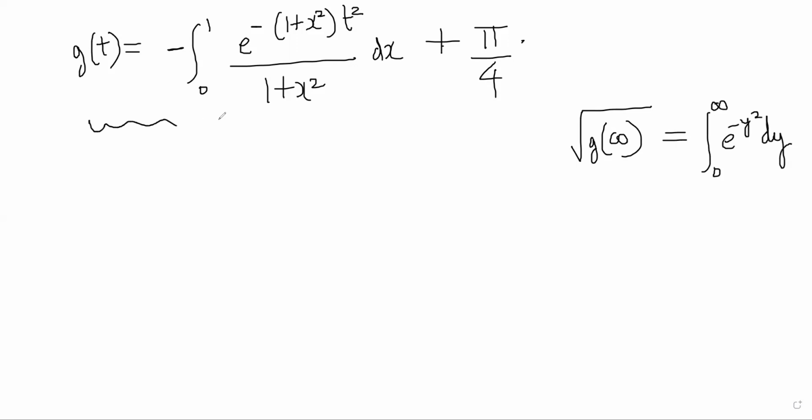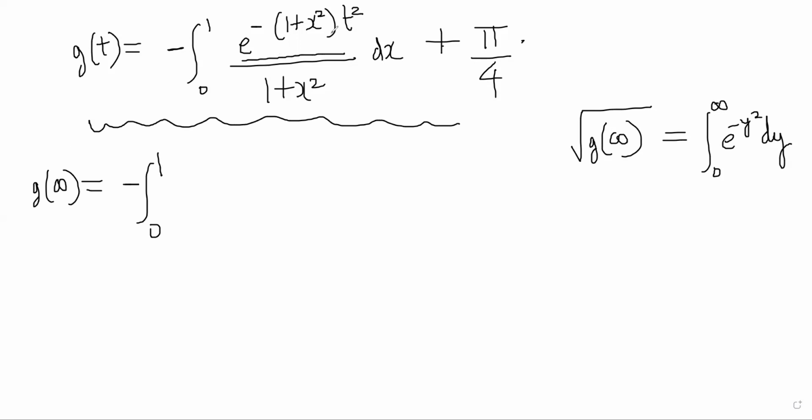So here if I take the limit t tends to infinity, I will get g(∞) should be minus the integral from 0 to 1. What happens when I put t tends to infinity in the numerator here? If t tends to infinity, e^(-(1+x²)t²) tends to 0, right?